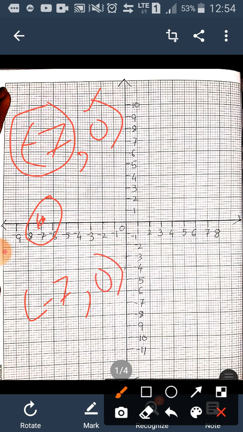Which is this point only, means this is only the reflection of this point. When a point is on the mirror itself, the point given to you and the reflected point are the same.